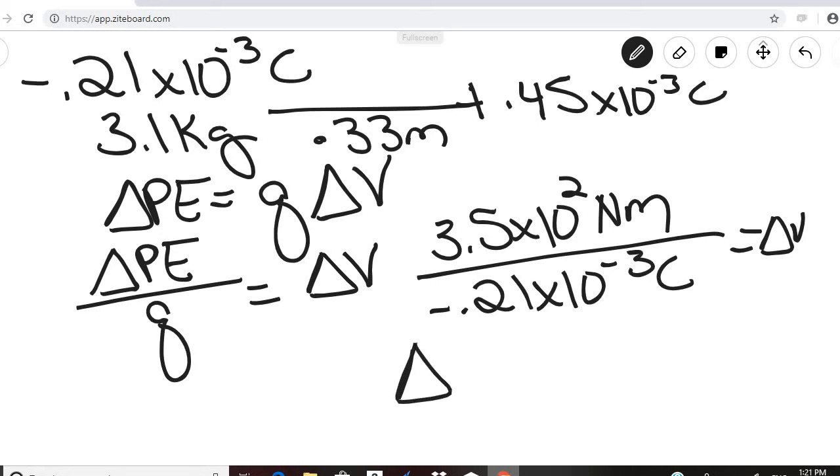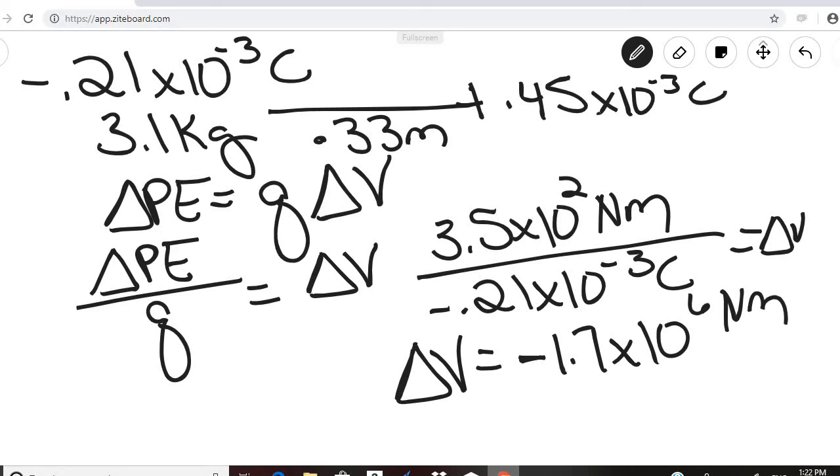So delta V is equal to negative 1.7 times 10 to the 6 Newton meters per coulomb, which is a volt.